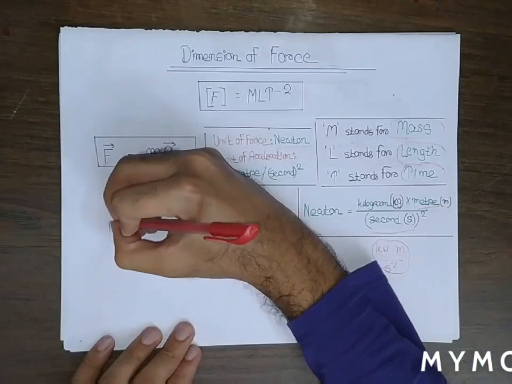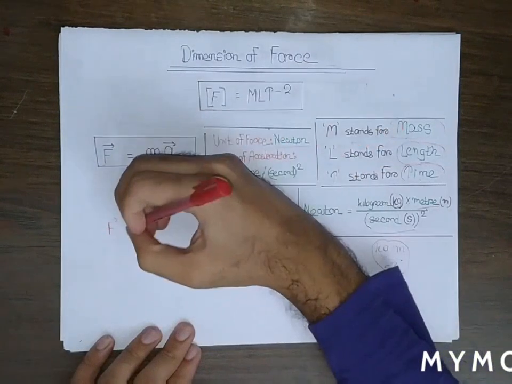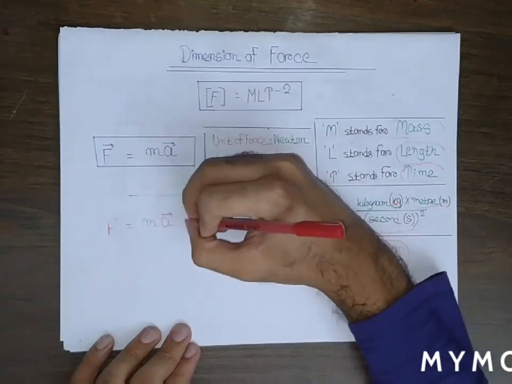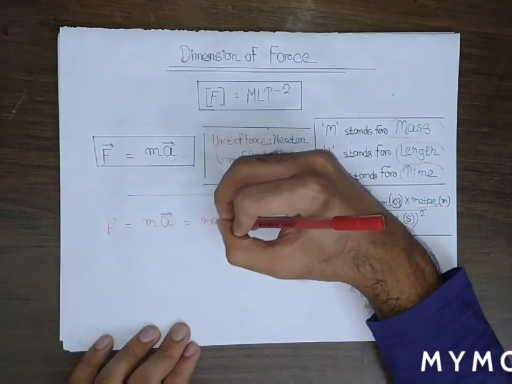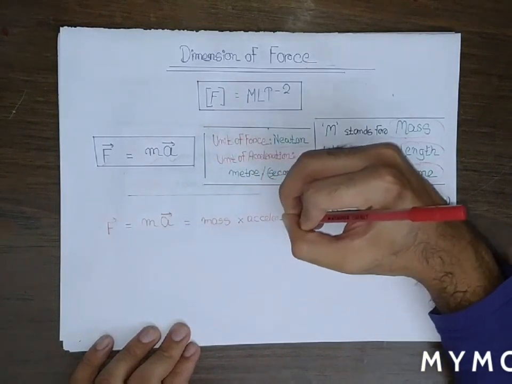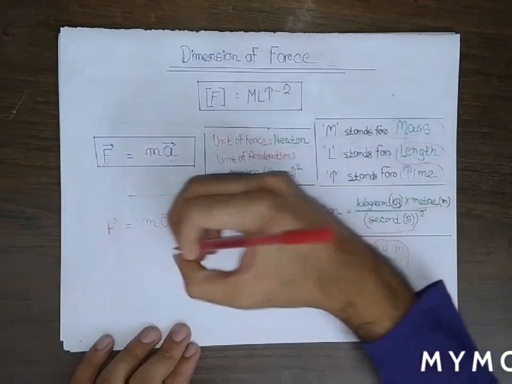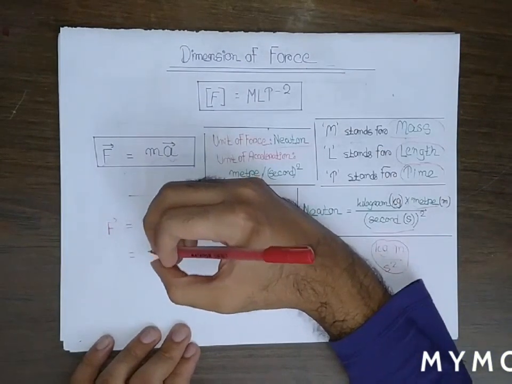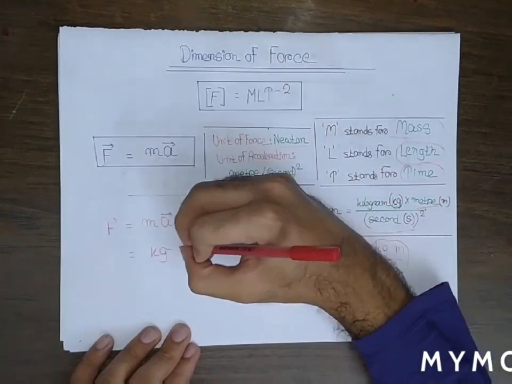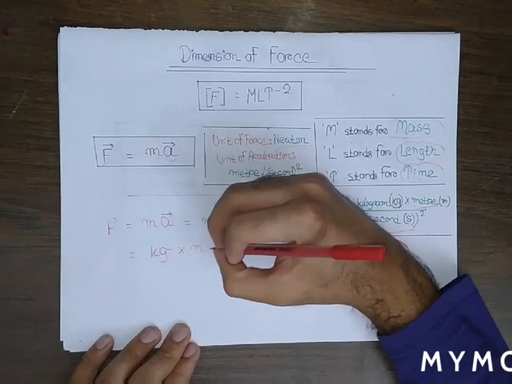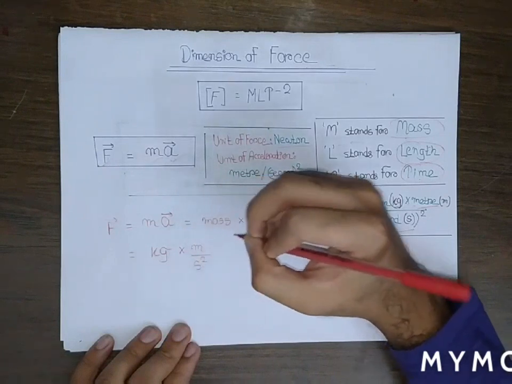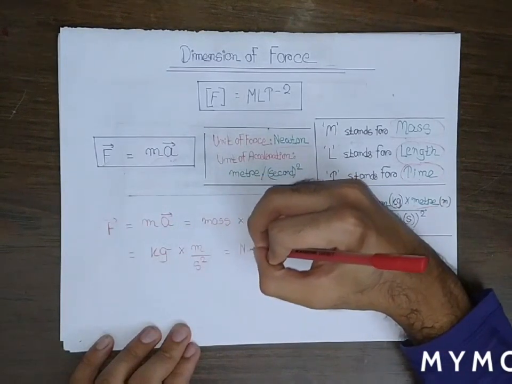Now, let us show the dimension of force. F equals to ma equals to mass into acceleration equals to, as the unit of mass is kg, so it's kg into meter divided by second square, which is equals to Newton.